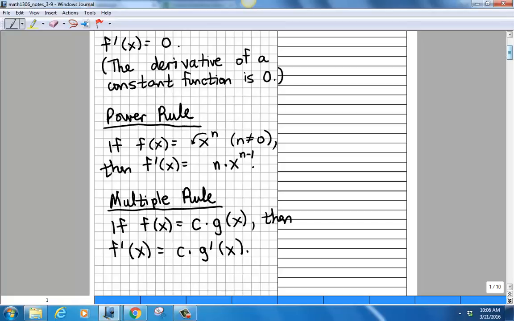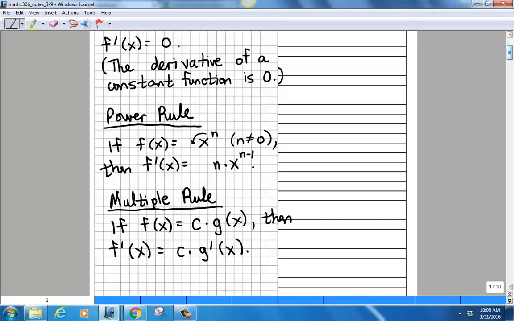You bring down the exponent and subtract 1 from the exponent, and that gives you the rate of change, okay? So this one we practice constantly. It occurs in almost every formula that we're asked to find the rate of change for. So this one you really get familiar with really quickly. It's really powerful and useful.